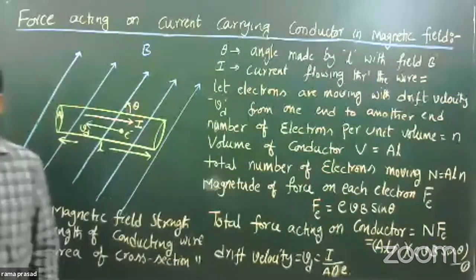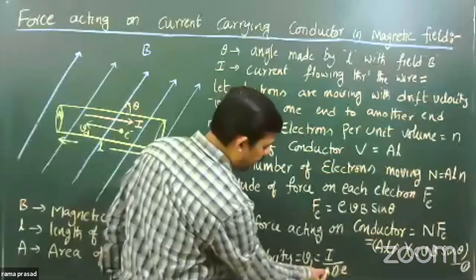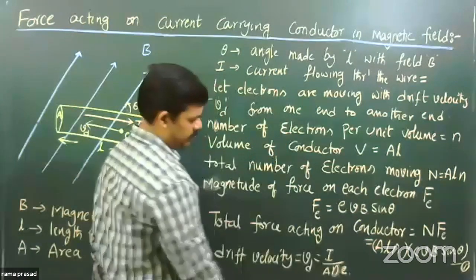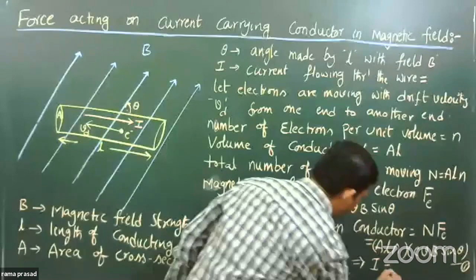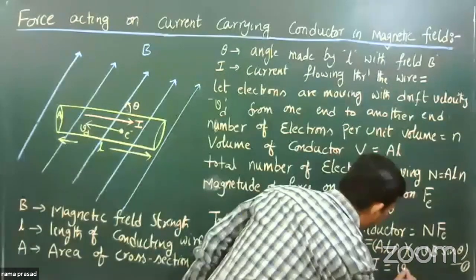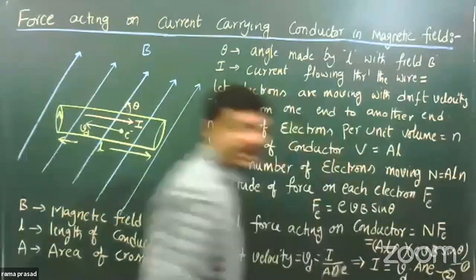Is it not the formula? From this, I is equal to Vd into A n e. Second one.